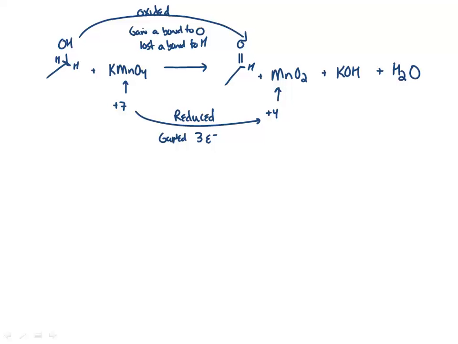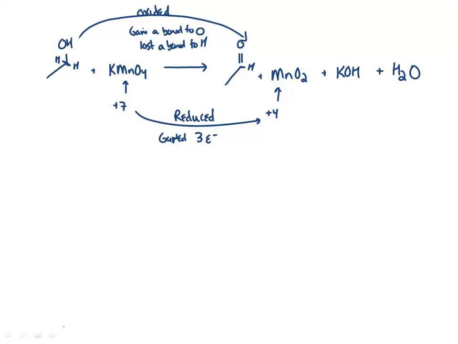So I both gained a bond to oxygen and lost a bond to hydrogen. In fact, I actually lost 2 bonds to hydrogen, right? And so in one case it's easier to count the electrons if we're talking about just a simple metal like manganese. In the other case it's probably easier to focus on the atoms that are there for gaining bonds to oxygen and losing bonds to hydrogen.